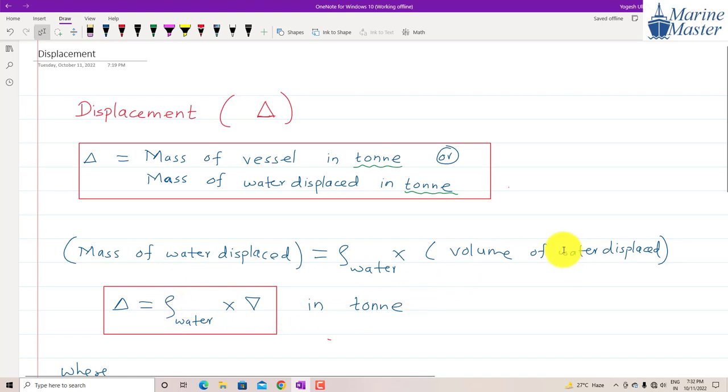See this symbol, guys. This symbol is very important to us. In naval architecture we are going to use this symbol. What is the meaning of this symbol? This symbol means volume of water displaced, guys. So before going further, please everyone write down this discussion.